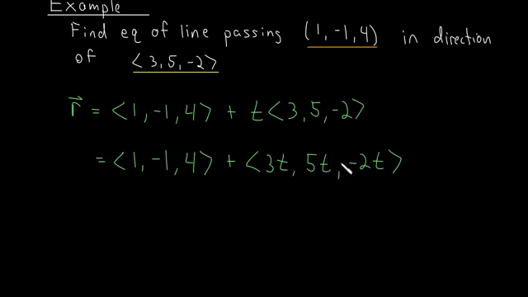And then we can add these together. Vector addition you just do component-wise. So 1 plus 3t in the x component, -1 plus 5t in the y component, and 4 minus 2t in the z component. Okay, so this is the final answer. This is the vector equation of the line.